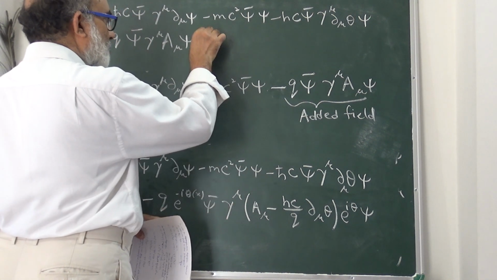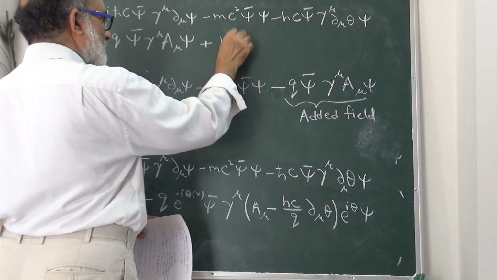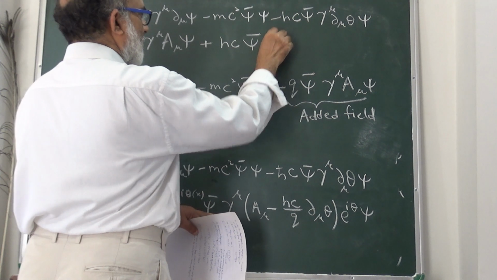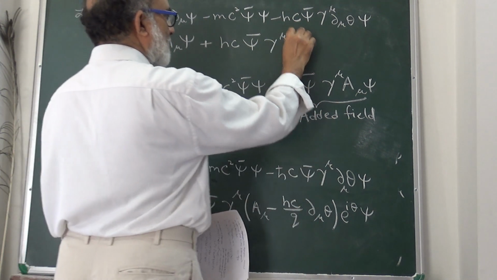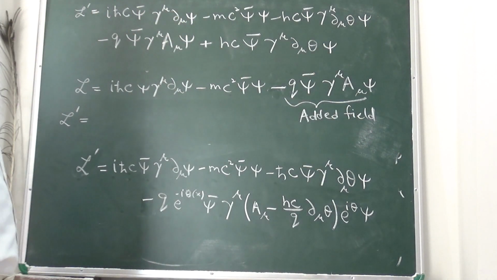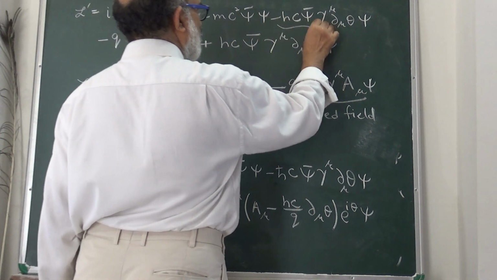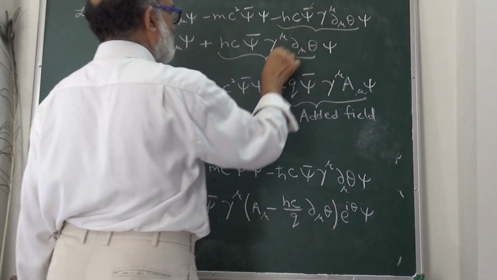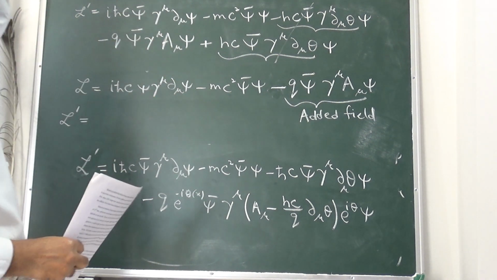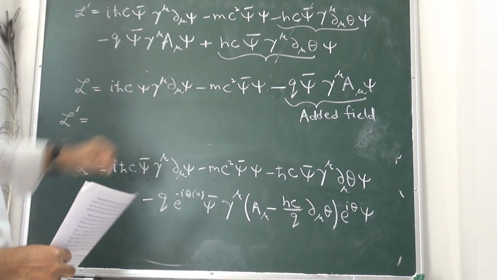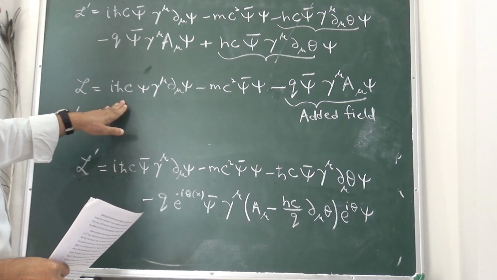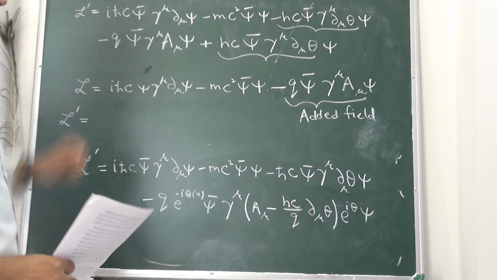So it will be plus hc psi bar gamma mu delta mu theta. So in this equation we find that this and this cancel out and you are again left with the same Lagrangian. So just by adding a new field to the Dirac Lagrangian we have made this invariant, gauge invariant.